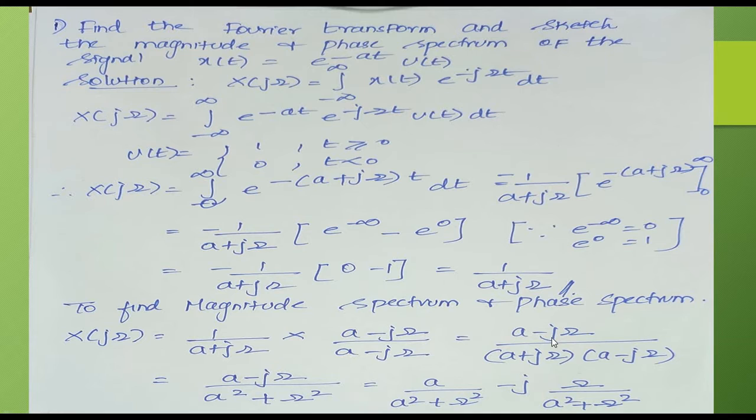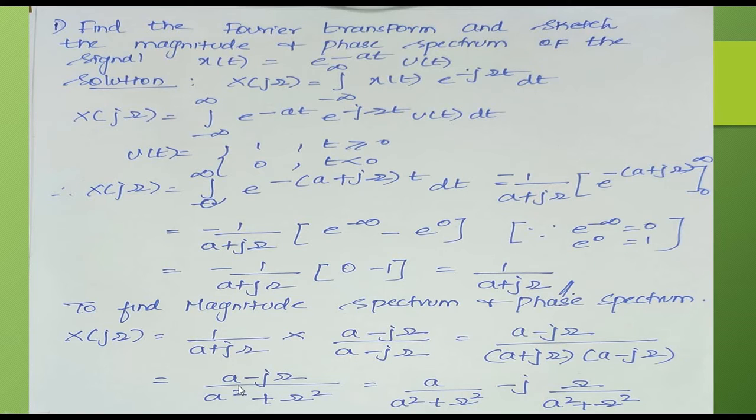The numerator is a minus j omega, and the denominator is a plus j omega times a minus j omega. This is of the form a plus b, a minus b, which is a square minus b square, so you get a square plus omega square.